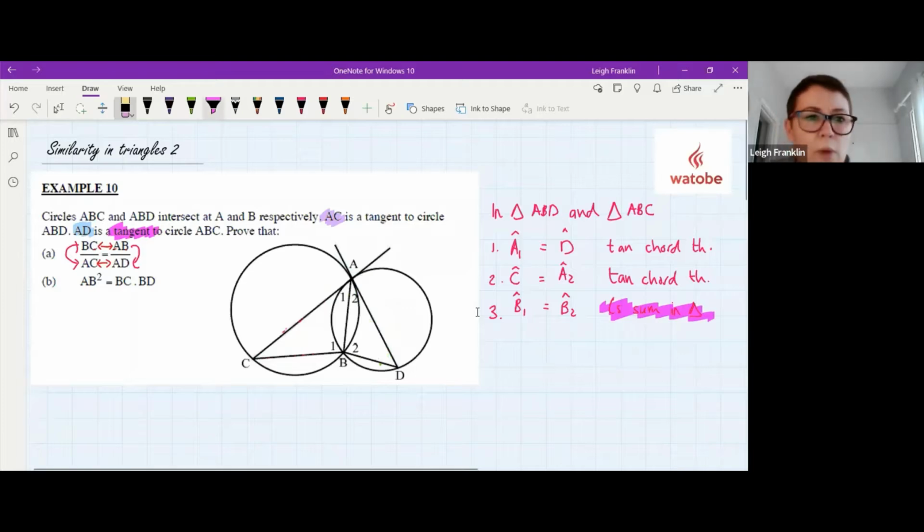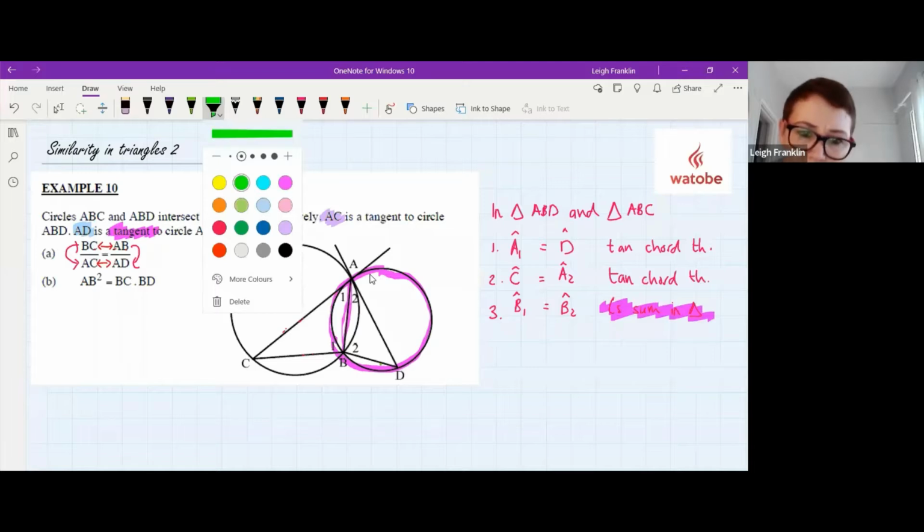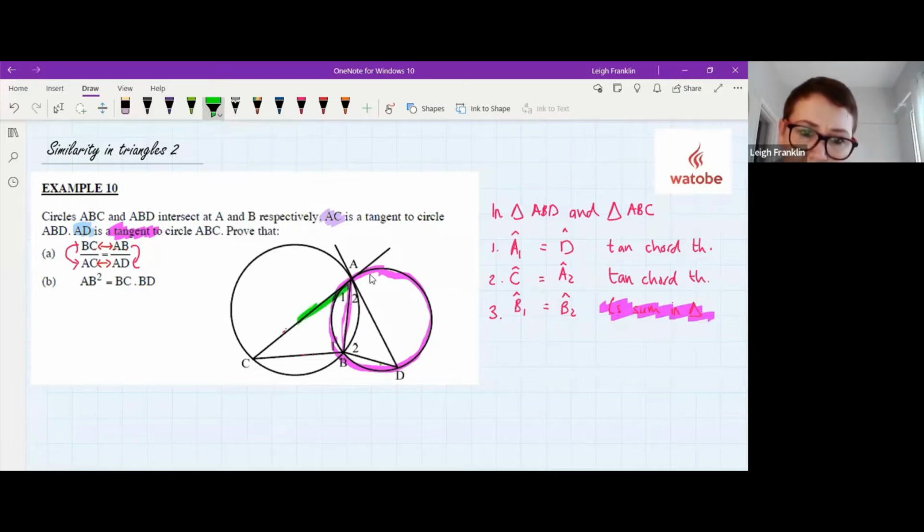So in this small circle over here, Kanyesile and anybody else who's wondering where this came from, this line over here, AB, is a chord. So the angle between the tangent and the chord, here's the tangent and the chord, in other words A1, is equal to the angle in the alternate segment.